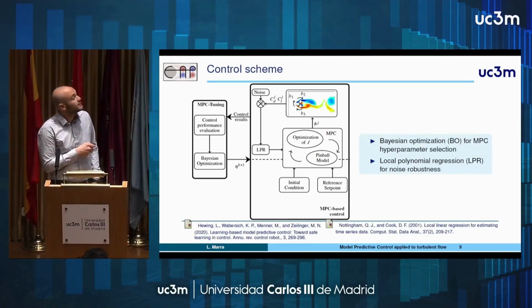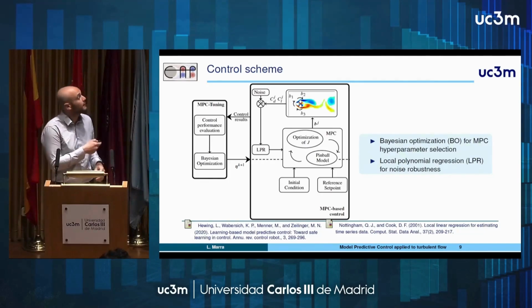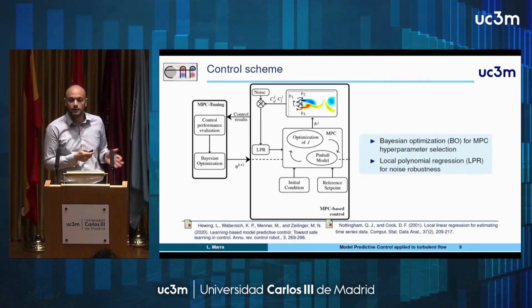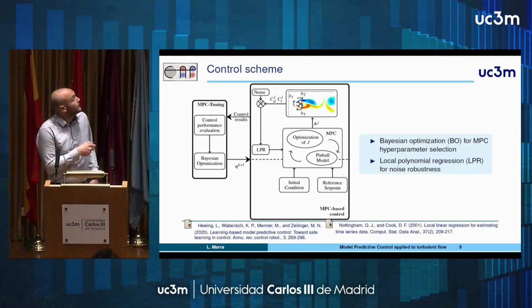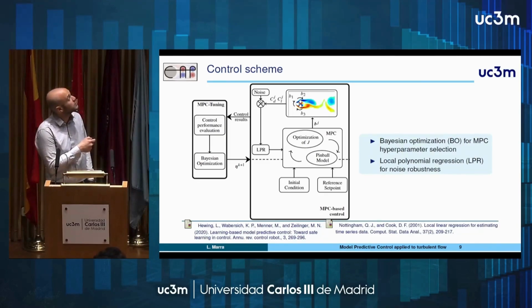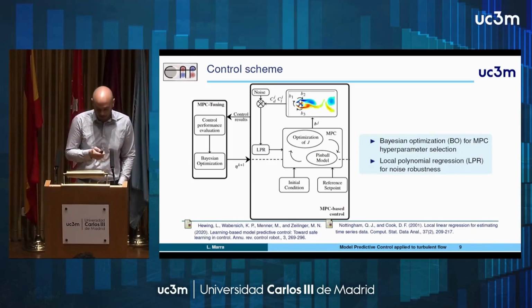Because if you select these parameters by hand, like the length of the prediction window, the frequency of the control, and some parameters balancing all the objectives you have in the cost function, you generally fall in a local optimal solution. And we were also focusing on robustness to noise, since we wanted to apply this in experiments.